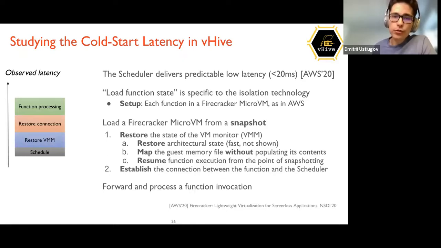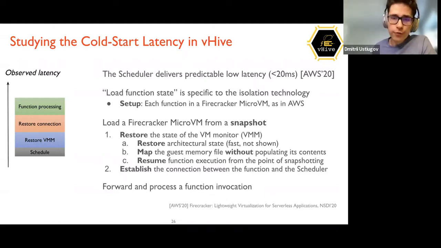And the state-of-the-art method of loading a micro VM from a snapshot works as follows. The snapshot is taken when the micro VM has a function instance which runs inside and is completely ready to serve invocations.